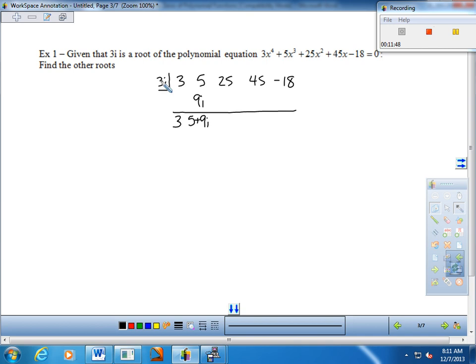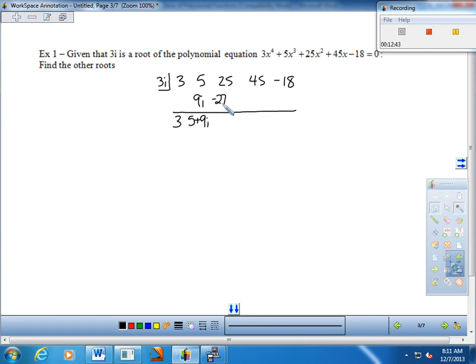So I hope you would agree that we're going to multiply this into this right here, and it's going to produce an imaginary part, 3i times 5, and it's also going to produce a real number part, 3i times 9i. So let's do that one first if it's okay with you. So 3i times 9i, 3 times 9 is 27. i times i is i squared, so we get 27i squared. And everybody, what is 27i squared?